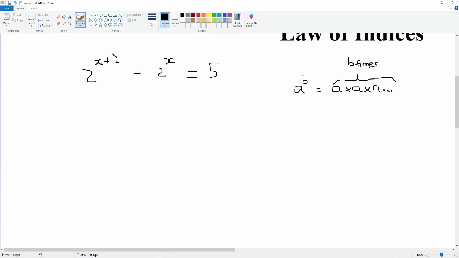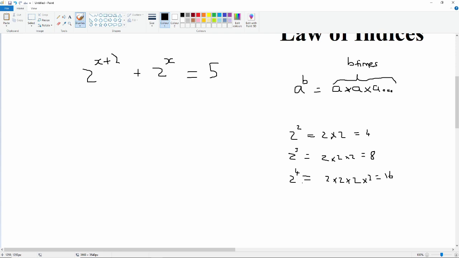So let's do a few quick examples. 2 squared means 2 times 2, which is equal to 4. 2 cubed is equal to 2 times 2 times 2, which is equal to 8. And 2 to the power 4 is equal to 2 times 2 times 2 times 2, which is 4 lots of 2, which of course is equal to 16.